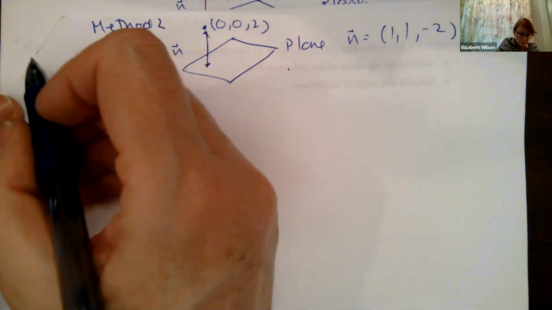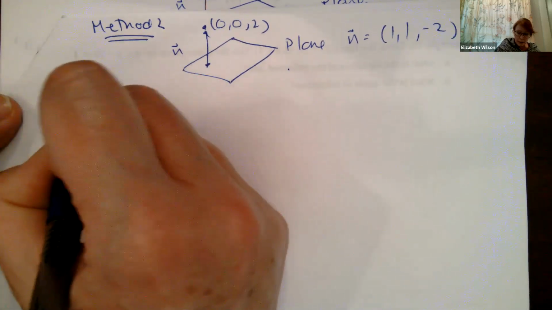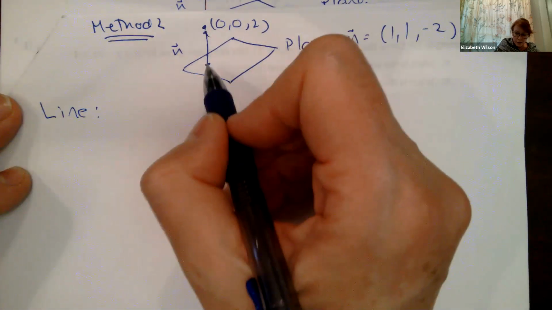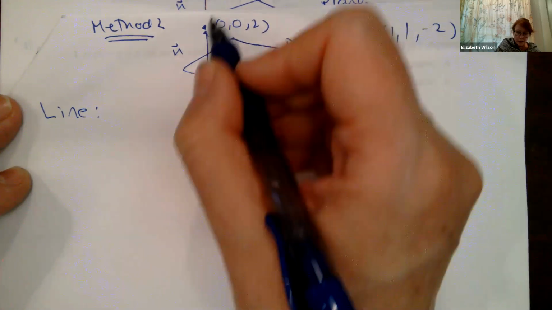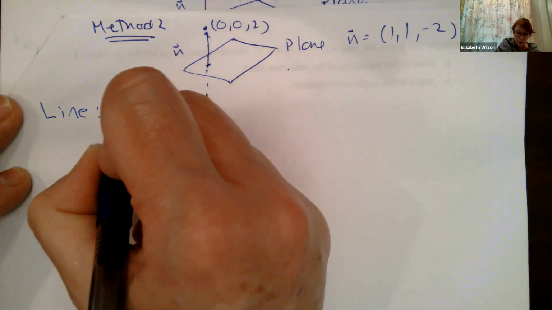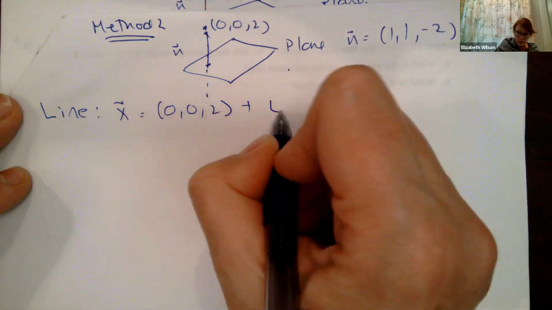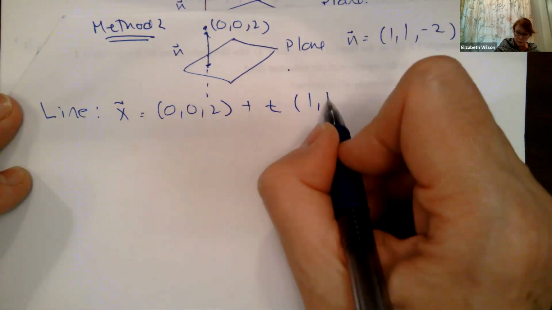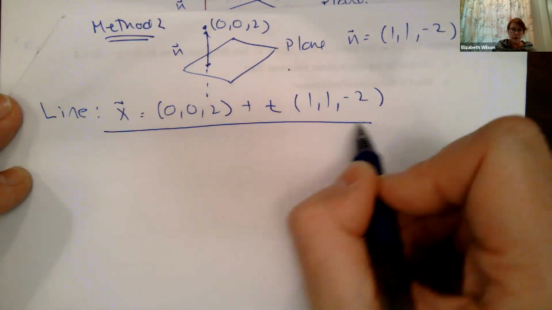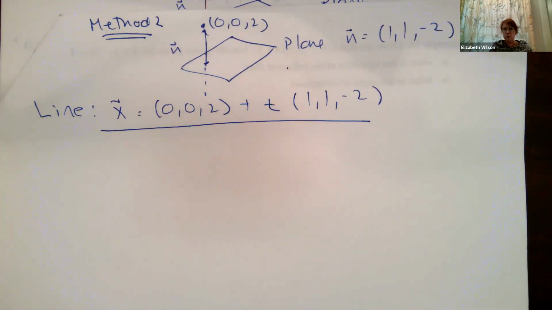So my line, this line that's intersecting the plane, is going to be x bar equal to 0, 0, 2 plus t times my normal vector 1, 1, minus 2. I know it will intersect the plane because I'm creating it that way.